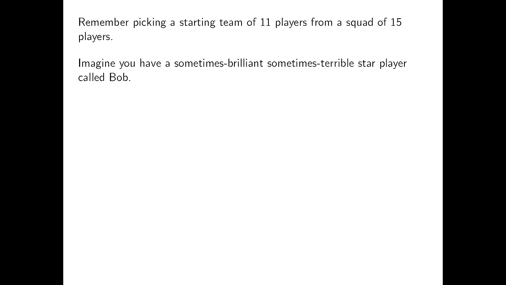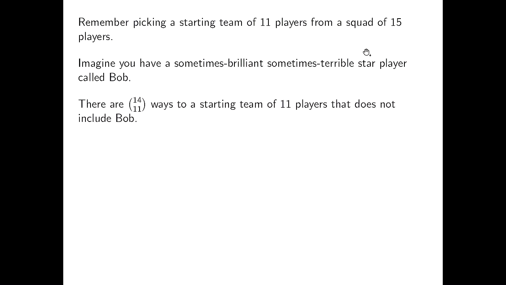And sometimes Bob shows up before a game and he's lightning fast and he's putting everything in the corner of the net, and you think, today Bob is definitely playing, right? And other times Bob shows up before a game and you can still smell the alcohol on his breath from last night, and he's sort of stumbling around, and you think, Bob's definitely not playing today, right?